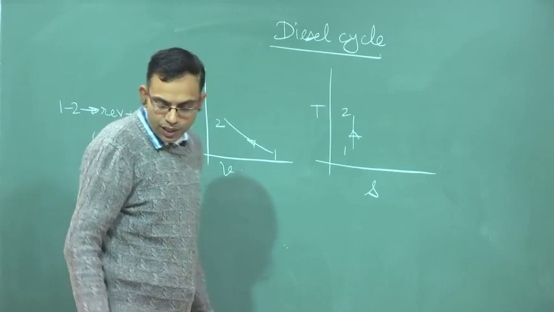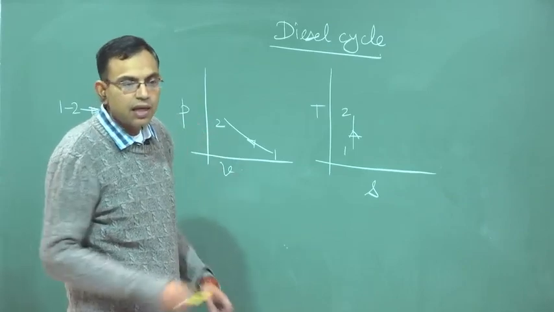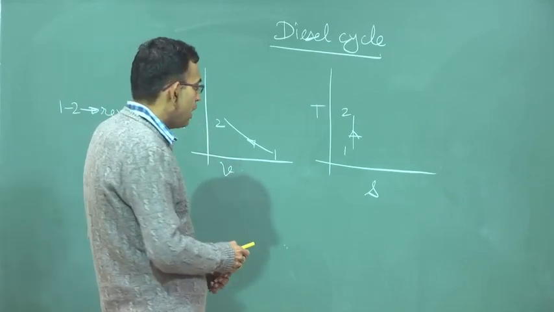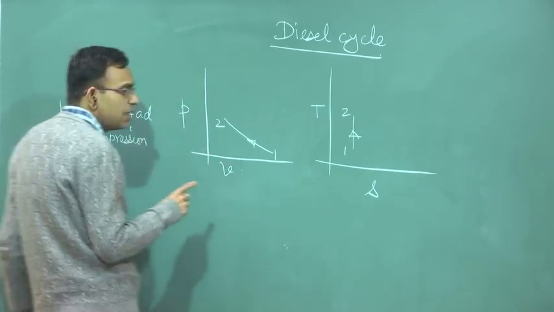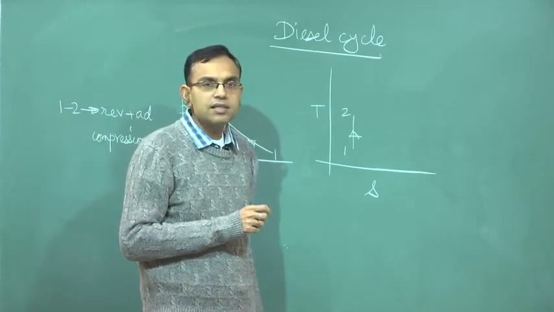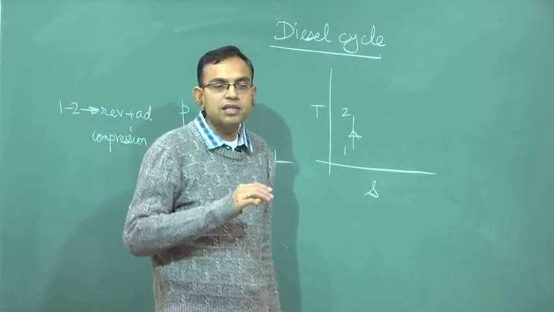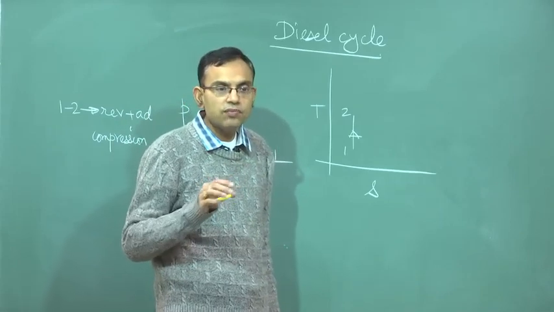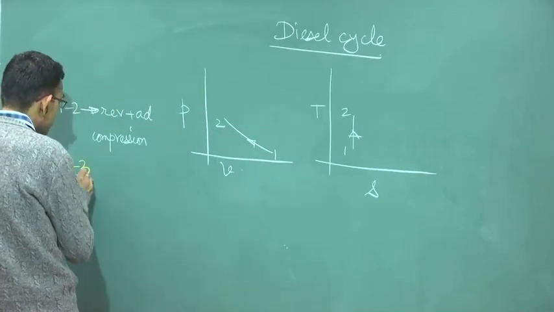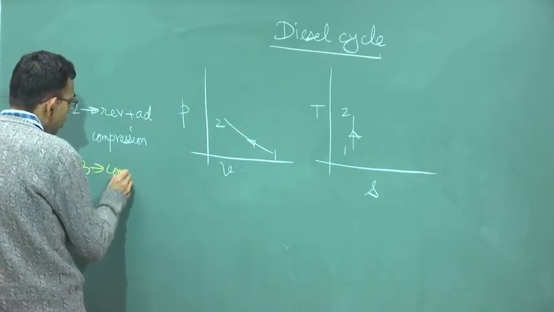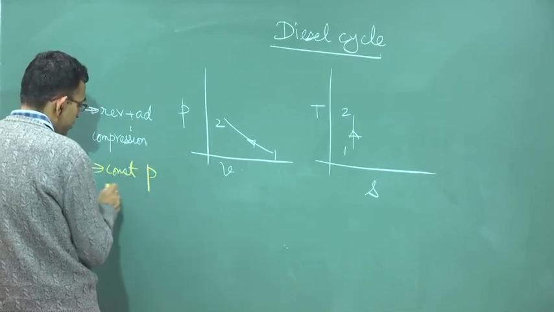The major difference between the Otto cycle and diesel cycle, and perhaps the only difference, is that the heat addition in diesel cycle is considered to take place at constant pressure instead of constant volume. So, 2 to 3, constant pressure heat addition.